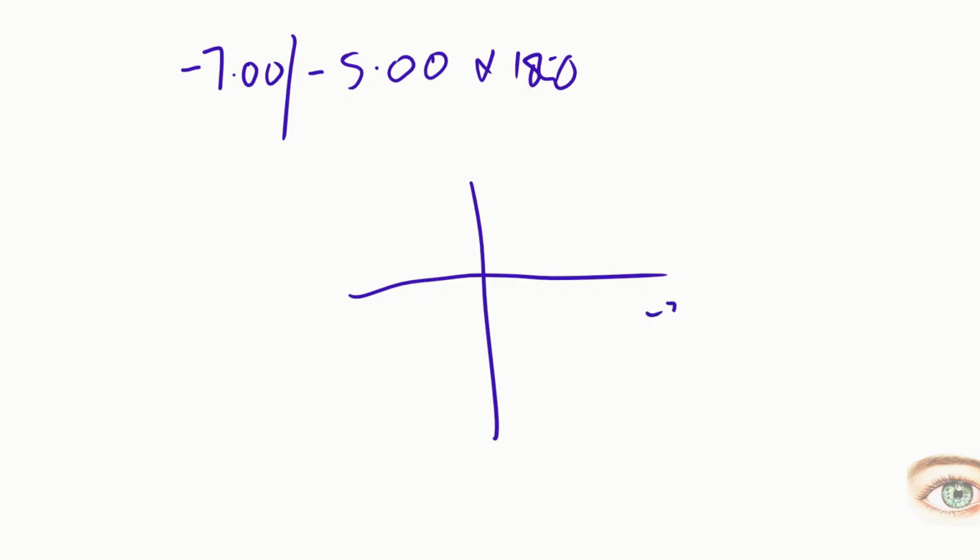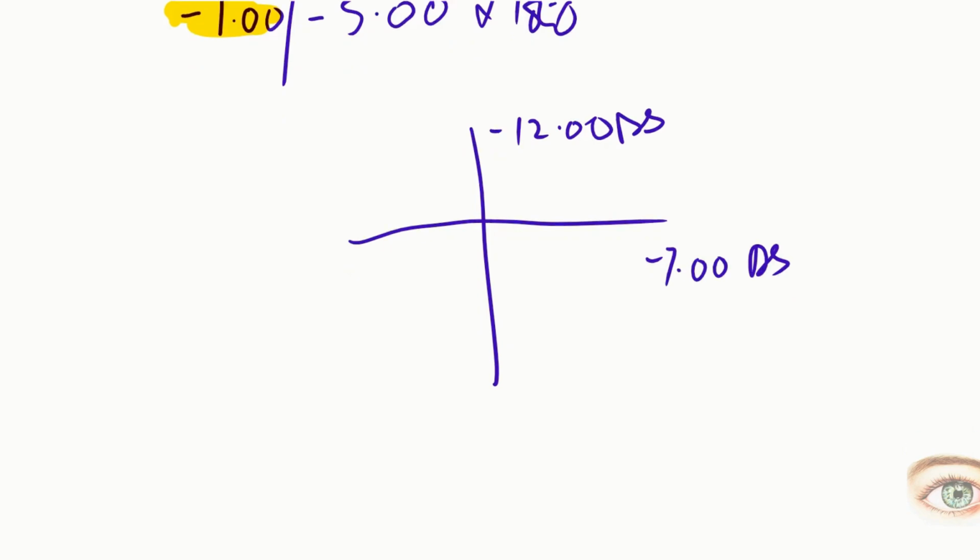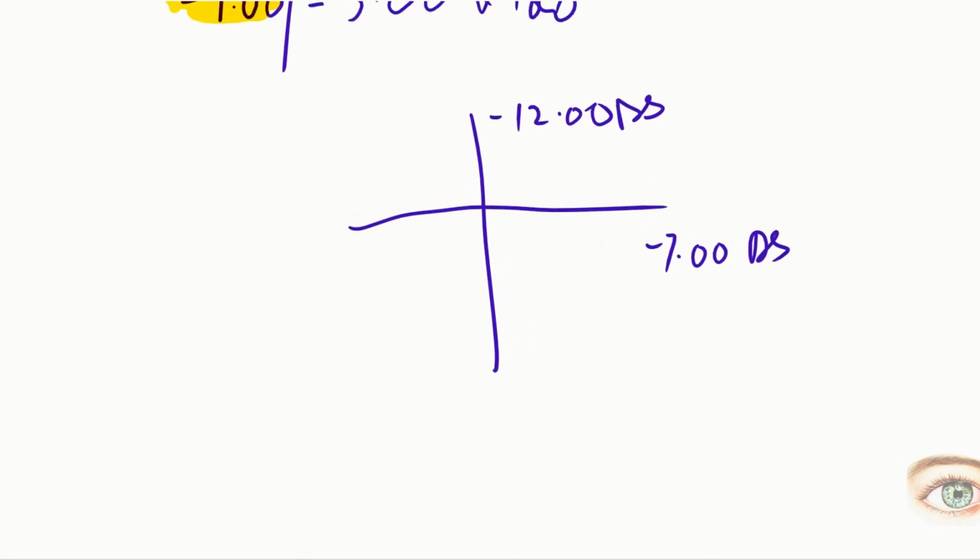So here we have -7 diopter sphere, which is the power of the sphere only. And at the meridian, which is 90 degree, we will have -12, right? So what we will do, we will actually solve each of the meridians. So for that, we will get for -7 and for -12.